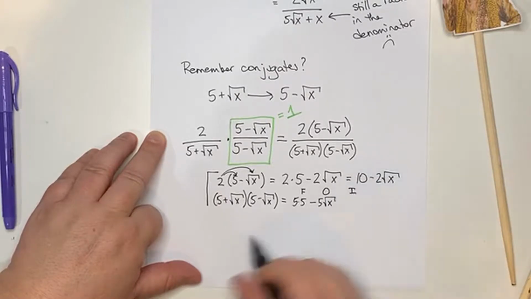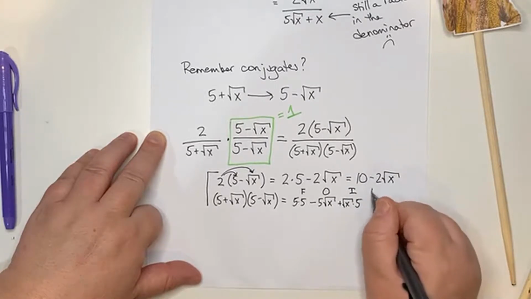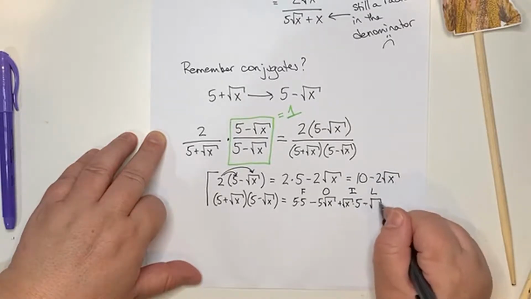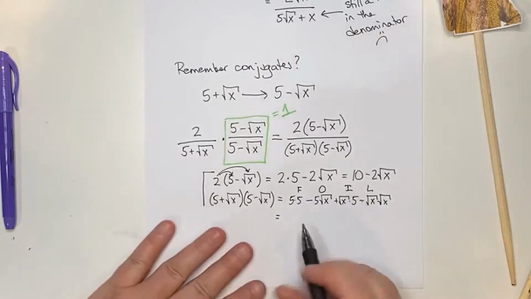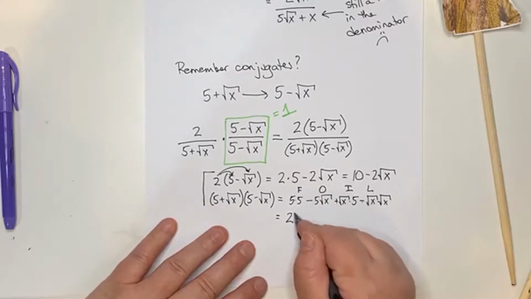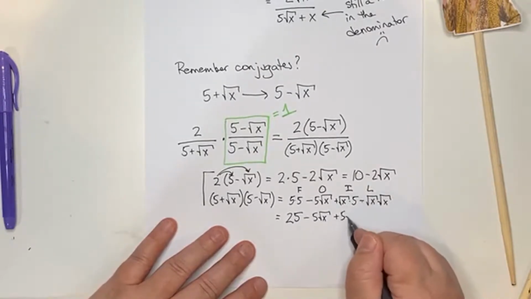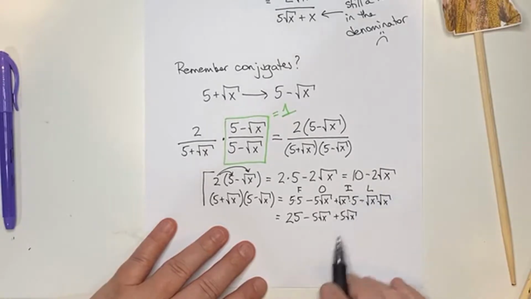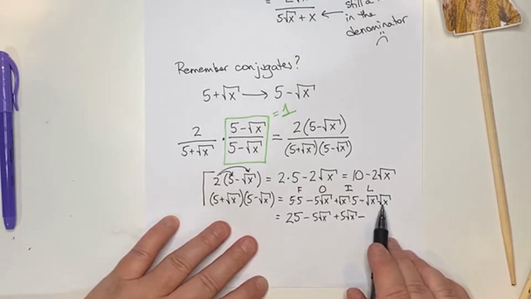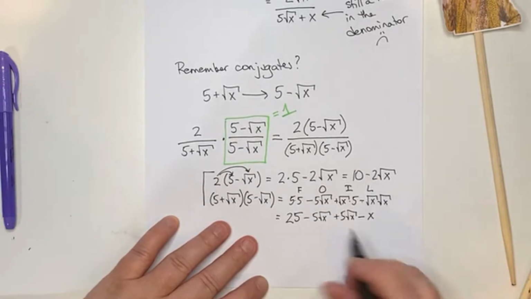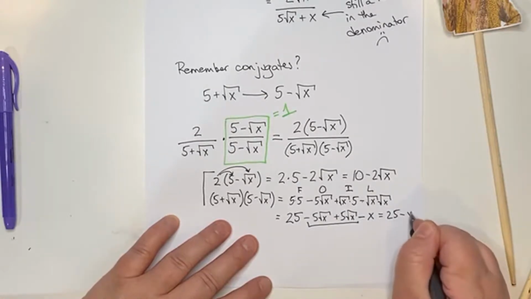I, radical x times 5, and L, minus radical x times radical x. So this is going to be 25 minus 5 radical x plus 5 radical x, minus square root of x times square root of x, which is x. Notice these two cancel out, and I just get 25 minus x.